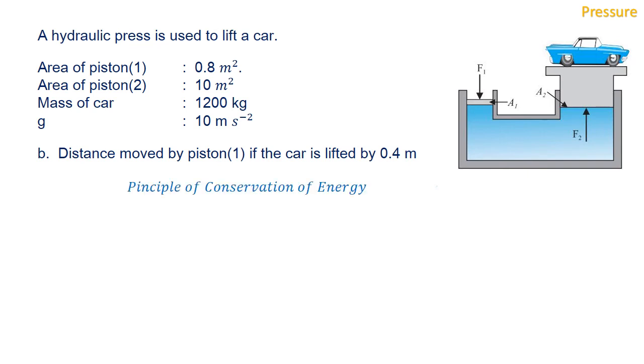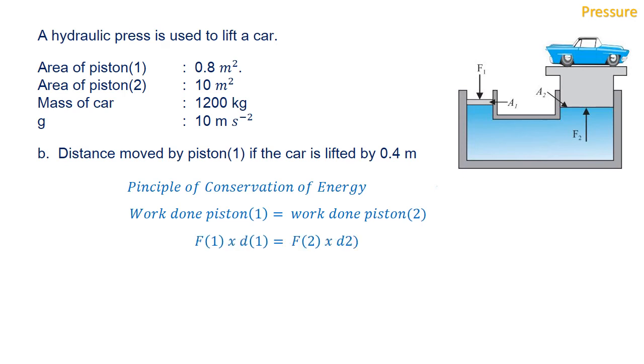Principle of conservation of energy: work done by piston 1 equals work done by piston 2. D1 equals 5 meter.